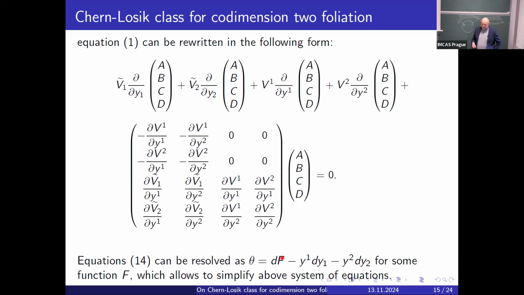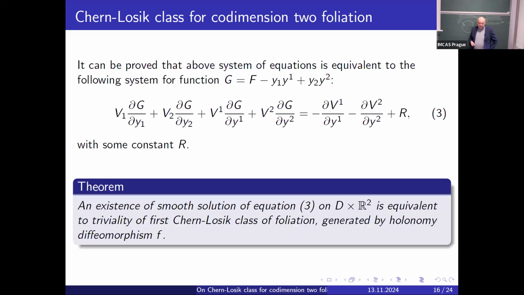So we can find some function f such that theta equals to this, and this allows to simplify this system of equations. Yes, this is final simplification. So what we have, an existence of smooth solution of equation 3 means, okay.